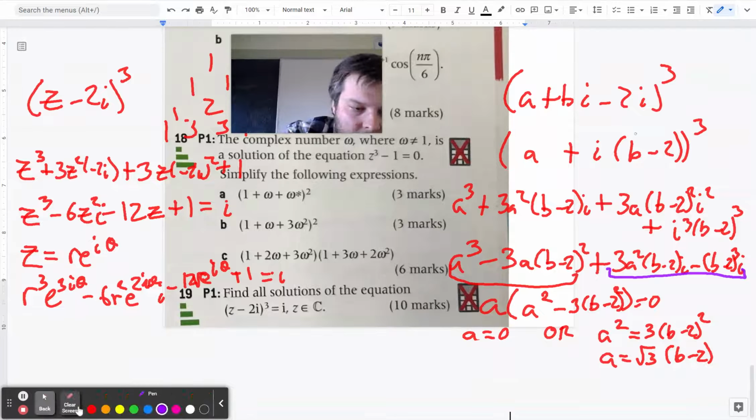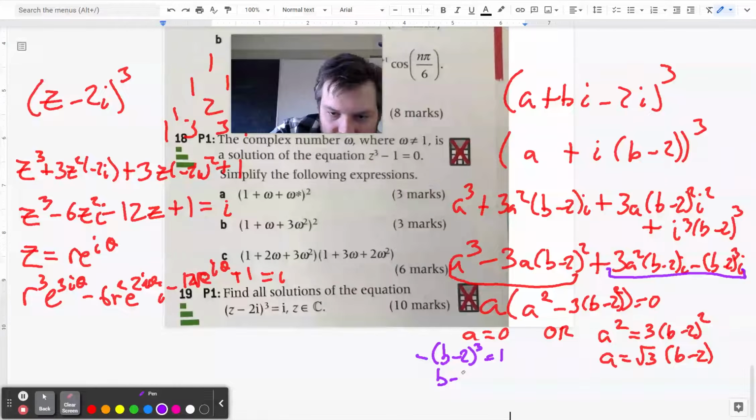Don't try to skip steps. Okay. So if a equals 0, then the imaginary part we have is negative (b minus 2) to the third equals 1. In other words, b minus 2 equals negative 1. In other words, b equals 1. So that works. That gives us the value of z equals i. And that works, actually. Okay, that's great.